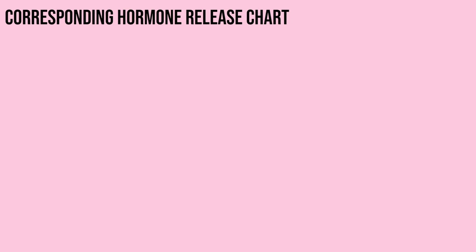So we're going to look at the hormones released from the anterior pituitary gland and the ovary, starting with the anterior pituitary gland.